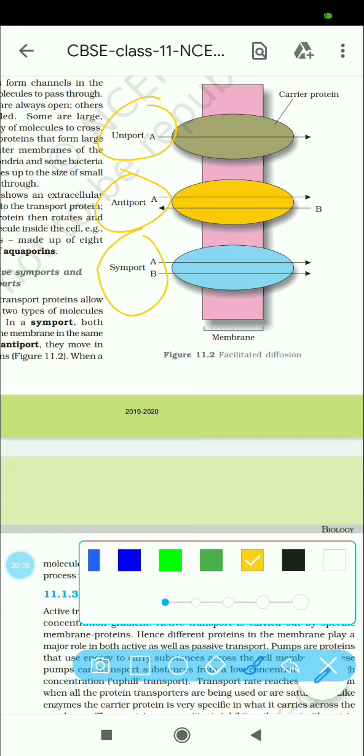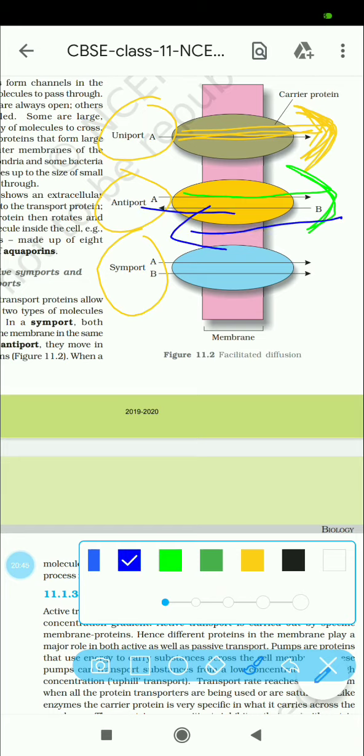If a carrier protein allows transport of a single molecule in one particular direction, we call it a uniport. Uni means one. If it allows transport of two molecules but in opposite directions, we call it an antiport.